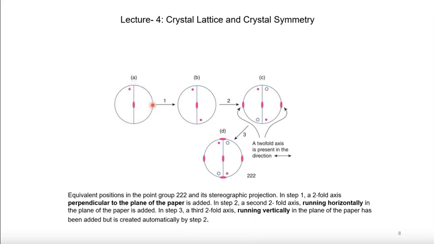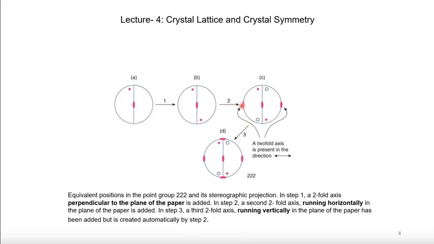In step 1, we have a 2-fold rotation axis perpendicular to the plane of projection. Due to this 2-fold rotation axis, we get 2 equivalent positions here. Then in step 2, we have another 2-fold rotation.